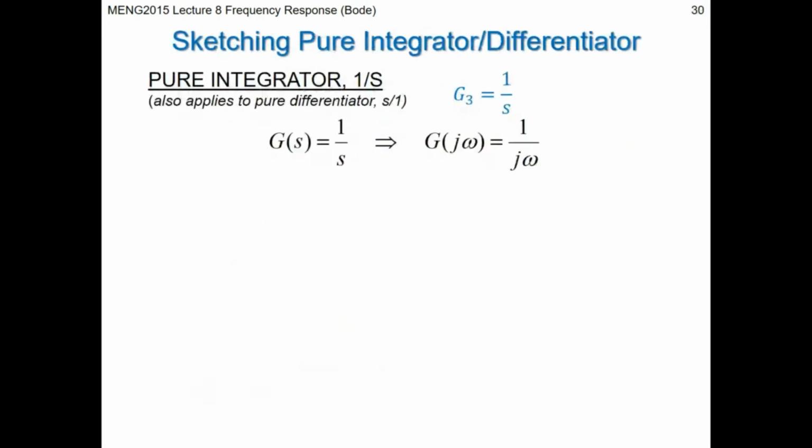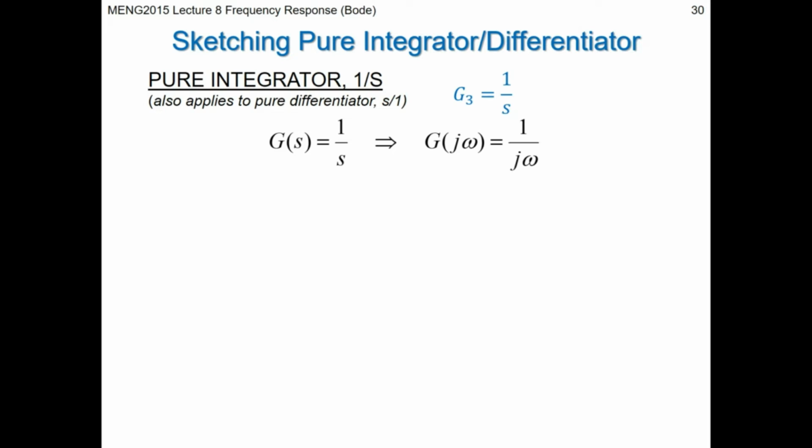That's pretty easy. Let's move on to the next element. Every element we go to gets a little more complex. So this one now has a 1 upon s. Now with this, we do have to take our transformation from the s domain to the frequency domain. And remember last time we showed how that could be done by just substituting j omega for every s.